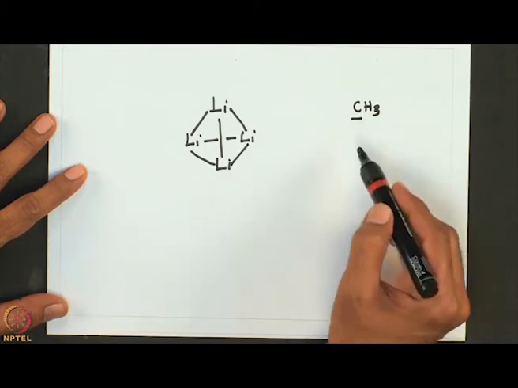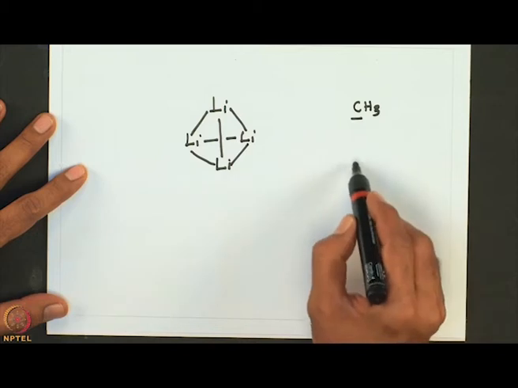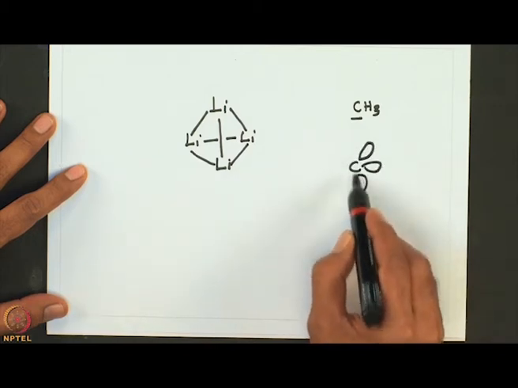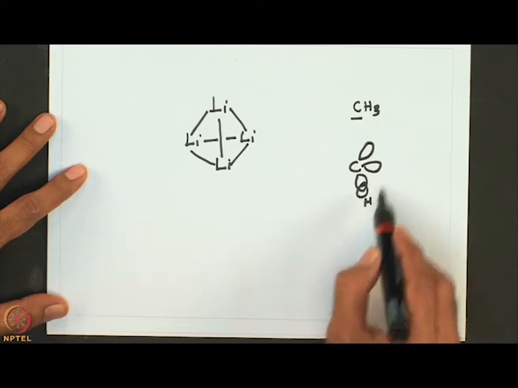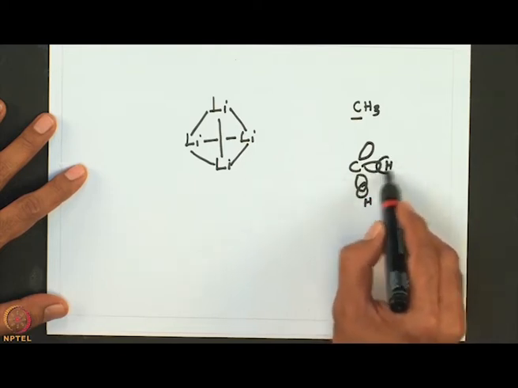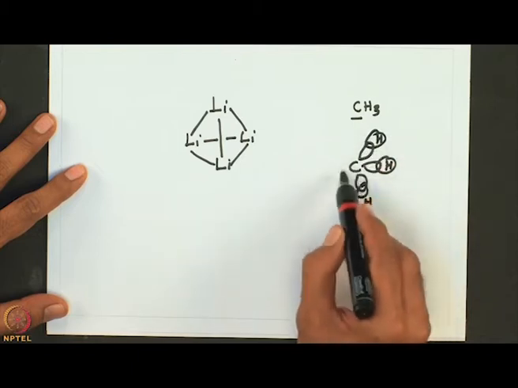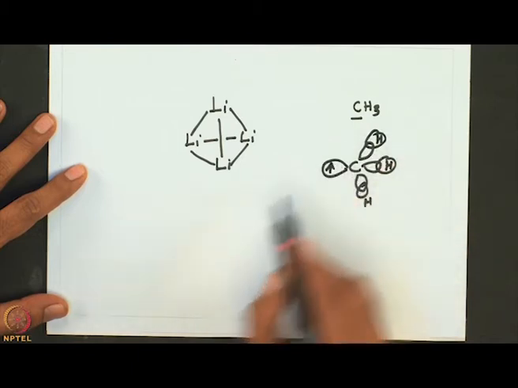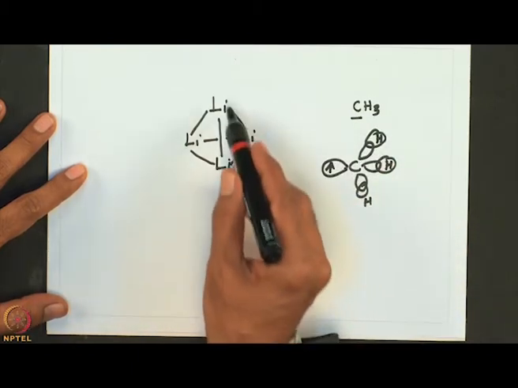So here, essentially, in the case of the CH3 fragment, carbon has undergone sp3 hybridization having 4 sp3 orbitals, with 1 electron each, and having here H. And now we have one orbital with 1 electron, and out of this one, 1 electron will be available.